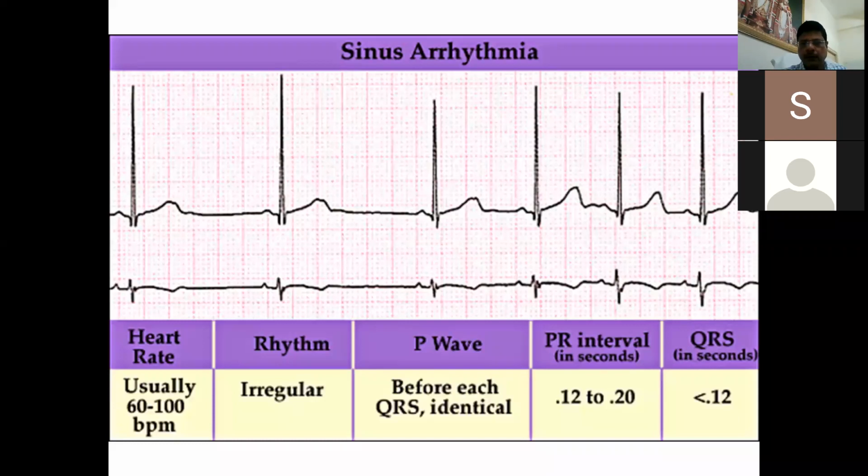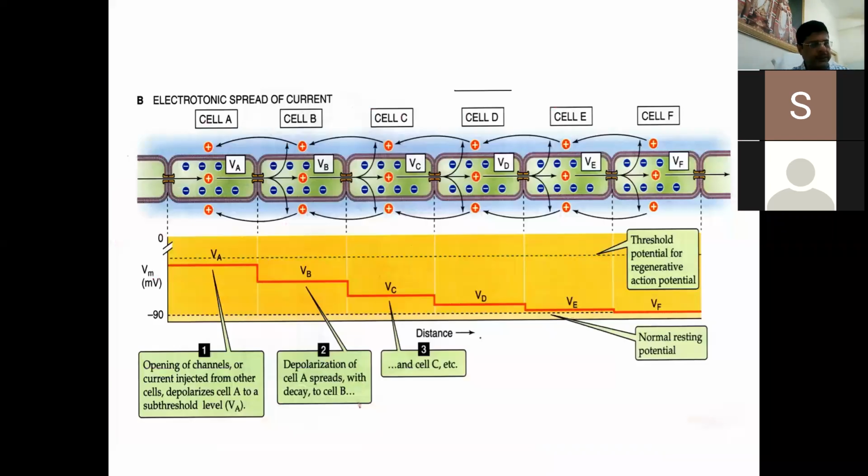Okay, so this is the one which I did not finish. I was just telling you about the concept of dipole, and that when the heart is activated, the current flows both in the intracellular part inside and the extracellular part.